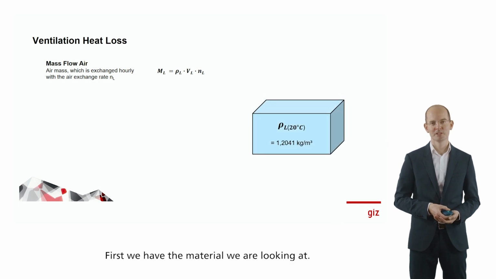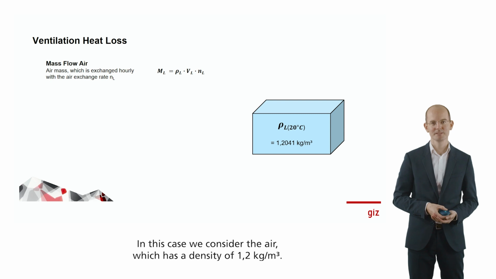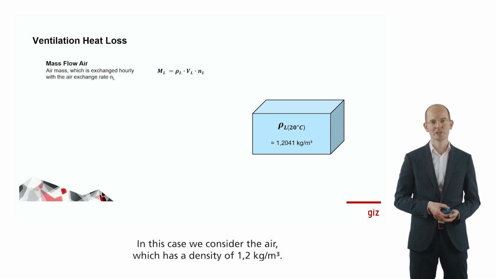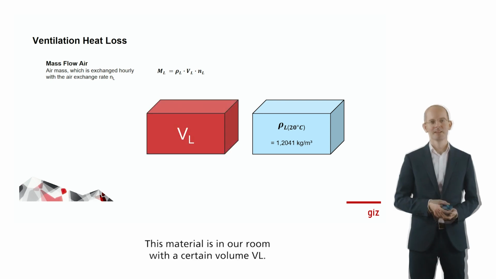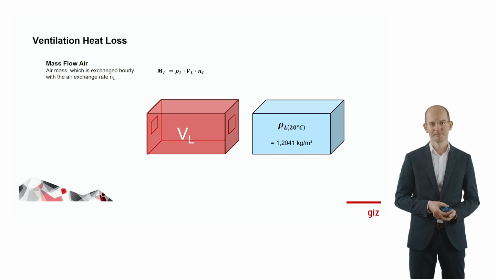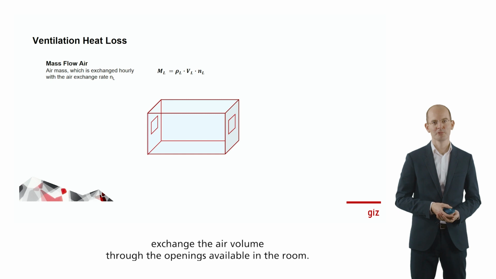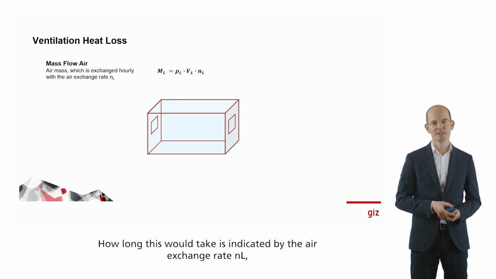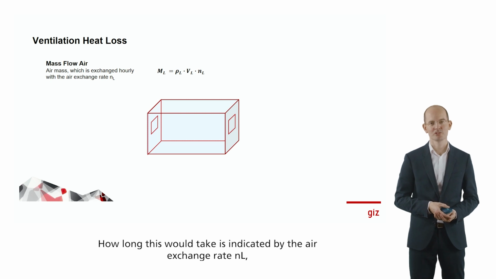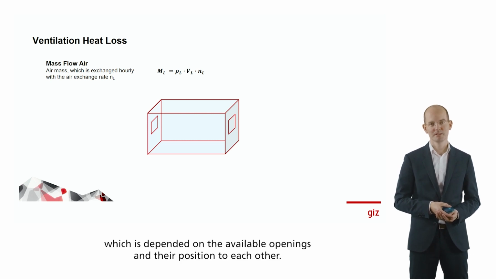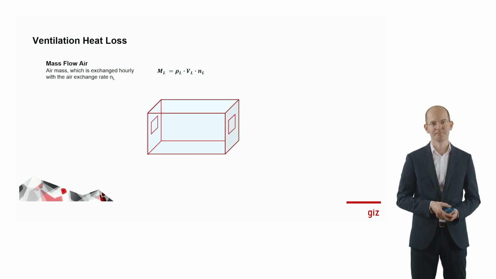First, we have the material we are looking at. In this case, we consider the air, which has a density of 1.2 kilograms per cubic meter. This material is in our room with a certain volume V_L. Now, we want to exchange the air volume through the openings available in the room. How long this would take is indicated by the air exchange rate n_L, which depends on the available openings and their position to each other.